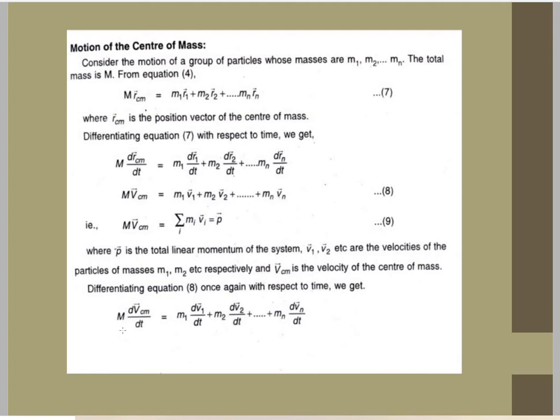So when we differentiate this equation, you will get M into dVCM divided by dt is equal to m1 dv1 by dt plus m2 dv2 by dt plus etc. mn dvn by dt.